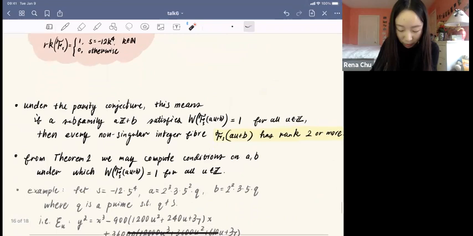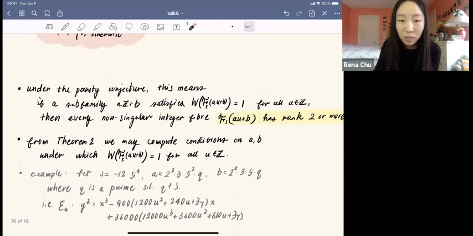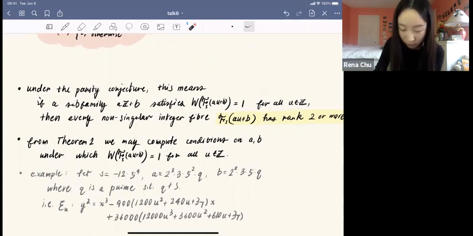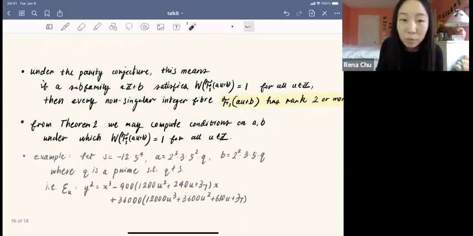Now from theorem 2, we can actually compute, we recall theorem 2 is the one with all the conditions. From that theorem, we can compute conditions on A and B under which this family has constant root number of 1. And here's just one particular example. Say we take S equals minus 12 times 5 to the 4, and A and B are of this form.